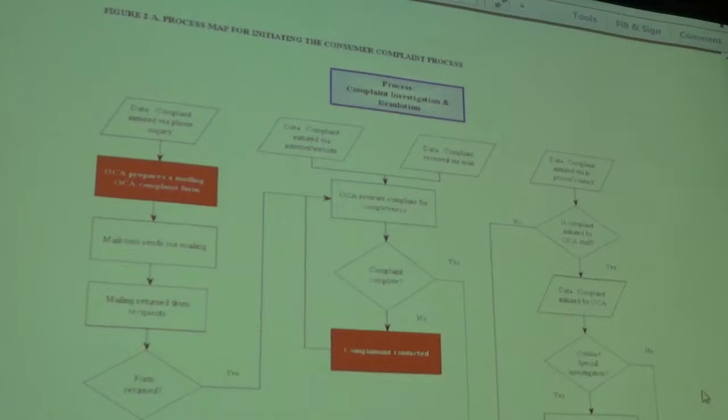So on slide number 39, this is the beginning of the process map for the complaint investigations and resolution program or division in the Consumer Affairs Office in Nassau County. You notice that there are four boxes showing how complaints are issued, or how they initiate the process.